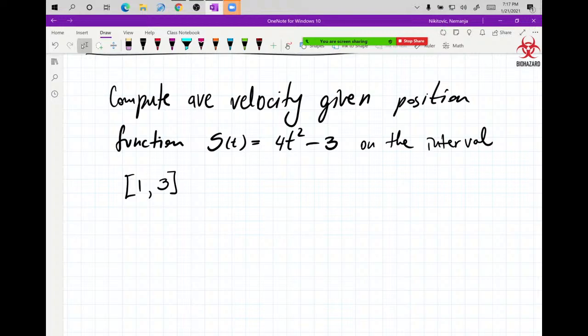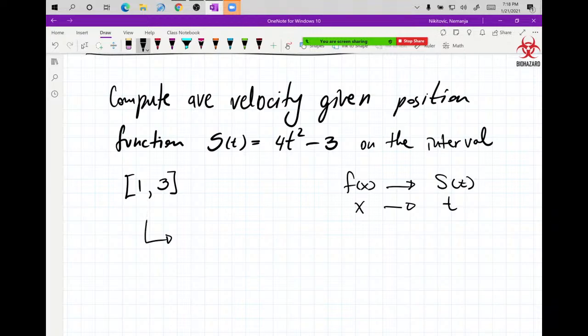Now, it sounds threatening, but you say, okay, instead of using x's and y's, now I'm using t and s. So what used to be f of x now is s of t, and what used to be an x now is t. So t is my main variable, which is what we call the independent variable, and this interval 1 to 3 are actually my t1 and t2.